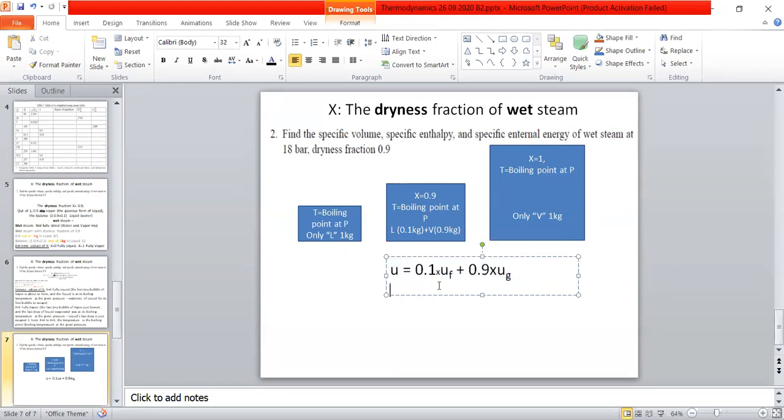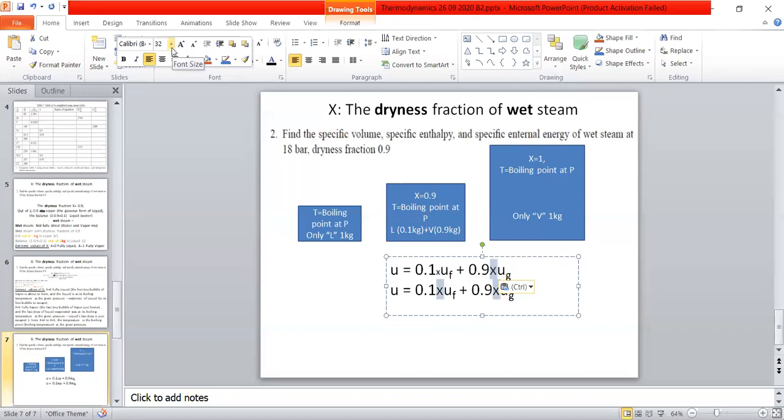And now I'm writing the generalized form. 0.9 is X. Instead of times I put dot.